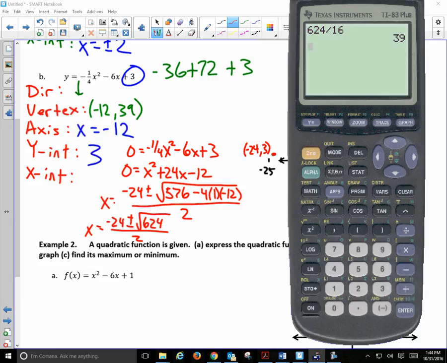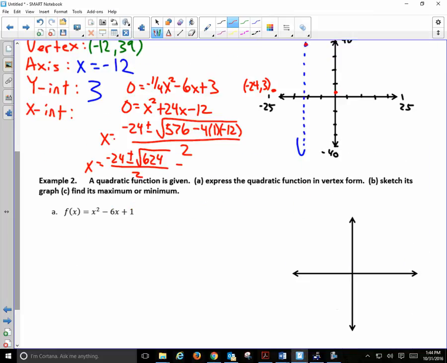Nice job. So we've got negative 24 plus or minus 4 roots of 39 all over 2. Does that simplify? For your assignment and on your test, you will have to express your x-intercepts in simplest radical form, so negative 12 plus or minus 2 roots of 39, and you'll have to express them as decimals.